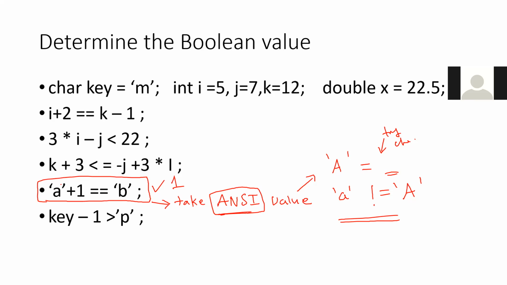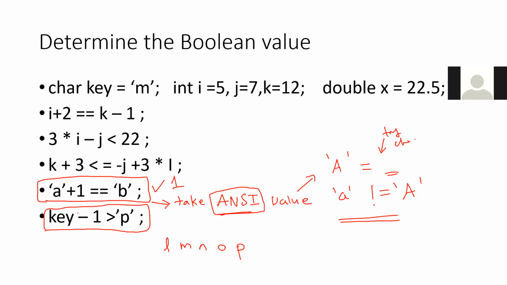Right. Now let's look at this one. Key minus 1 is bigger than character P. So this is just trying to find the value. So key minus 1 is M. If you go to your ABC table, M, N, O, P, so this is P, K, L, M, so this is L right here.